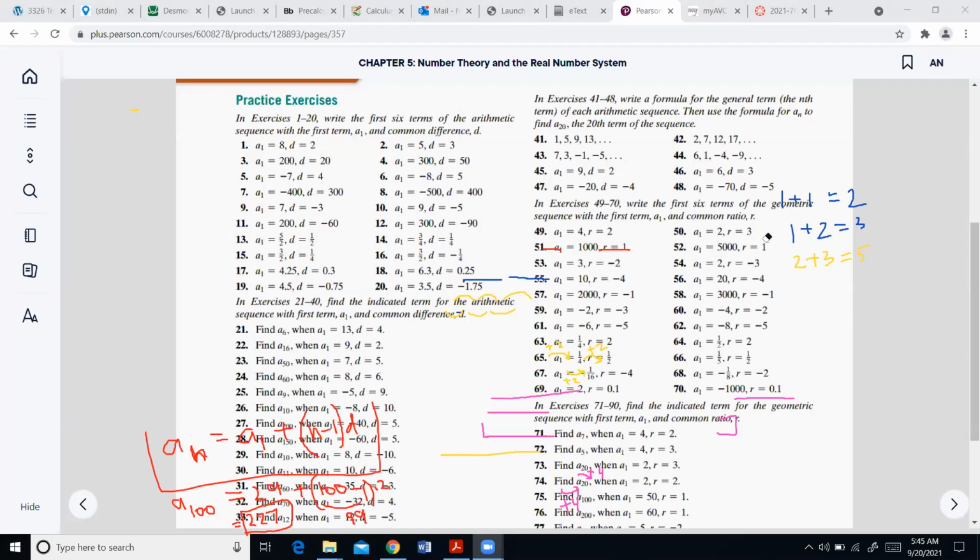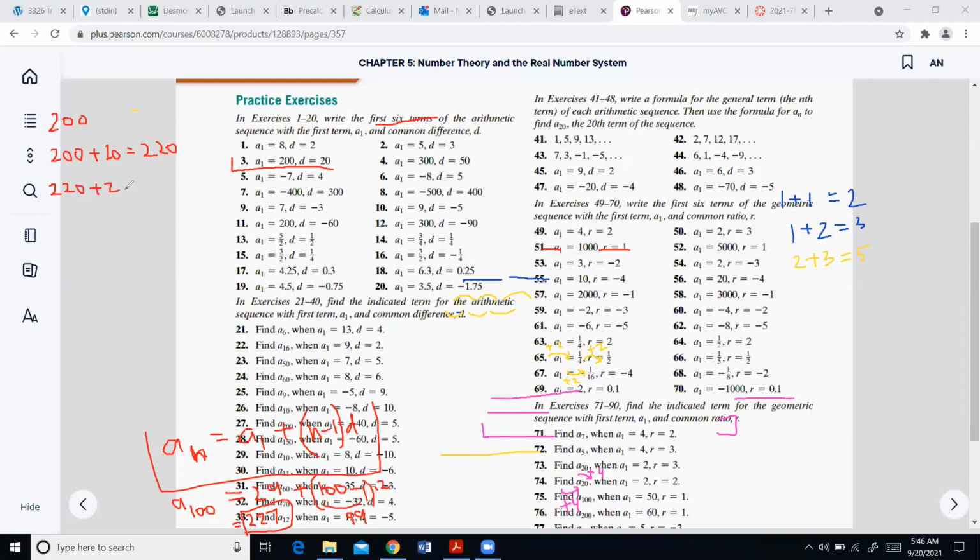So let me try one exercise, say exercise number 3, that says here's the first term, here's the difference, and write the first 6 terms of the sequence. So I already know how to do this, right? I put 200. The next term will be 200 plus 20 because the difference is 20. So it'll be 220. The next term will be 220 plus again 20.